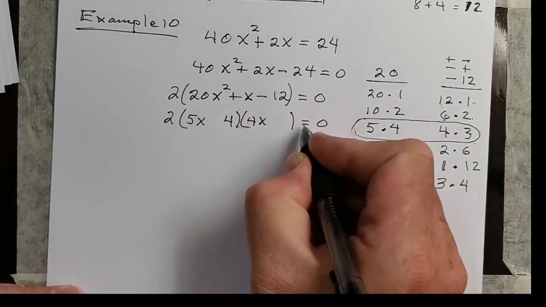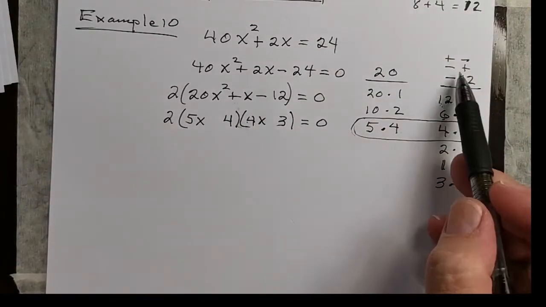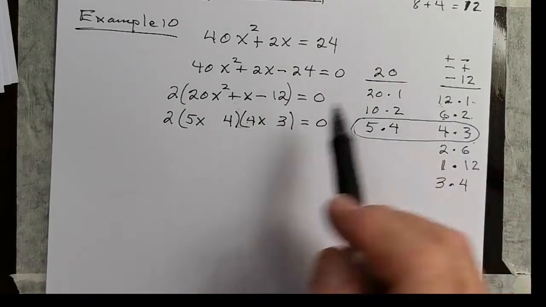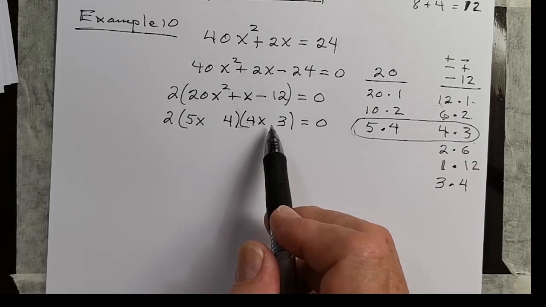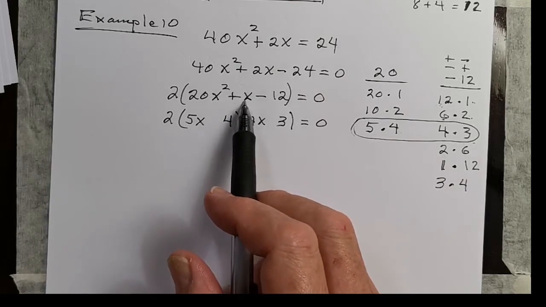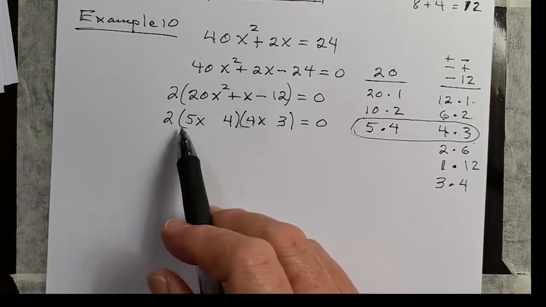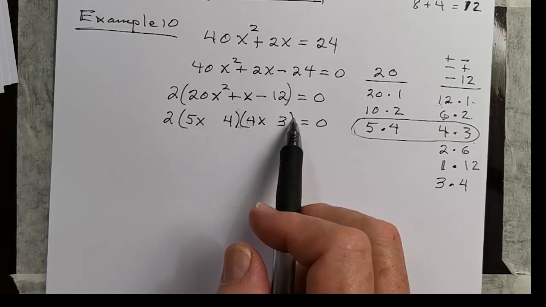And now you ask yourself, remember, one has to be positive, one has to be negative. So which one will take the positive sign? Because the center is positive, right? The larger of the two will take the positive sign from the center. So here we have 15. 3 times 5 is 15x.